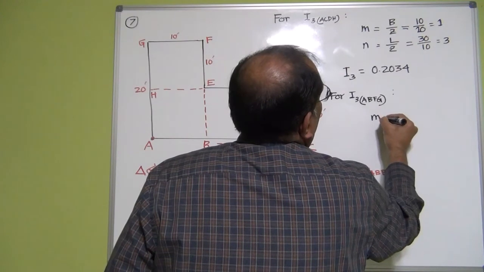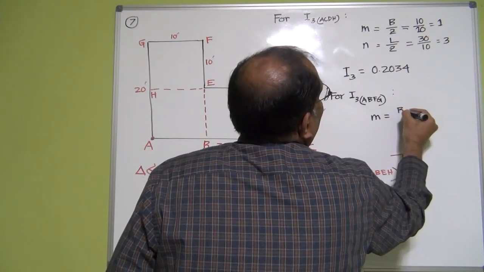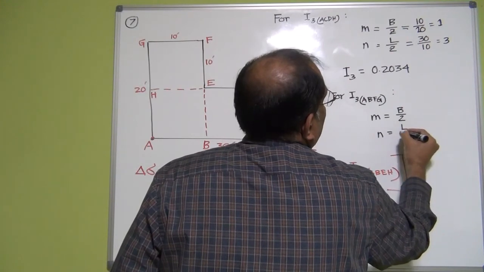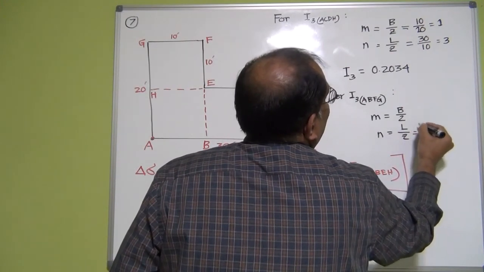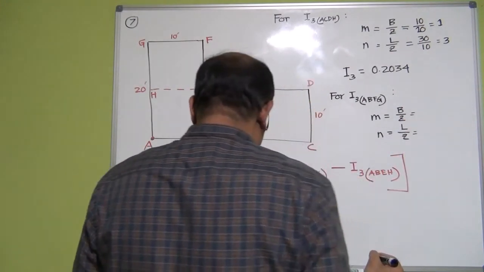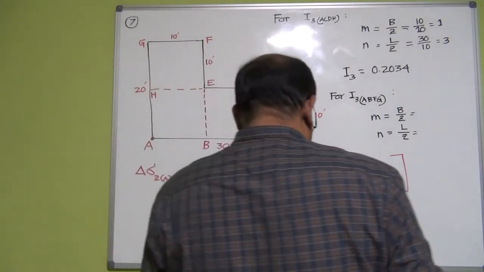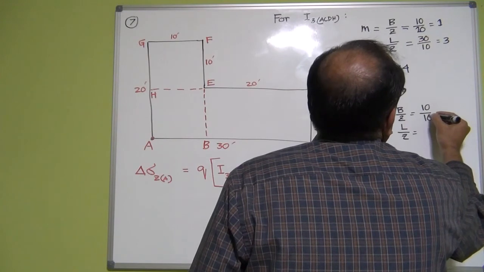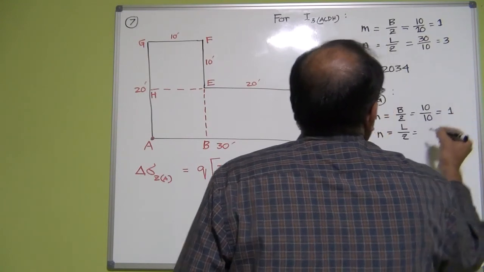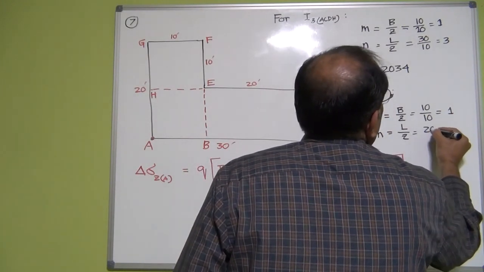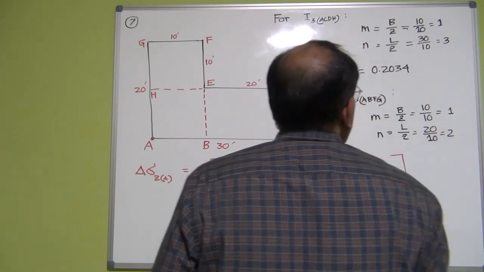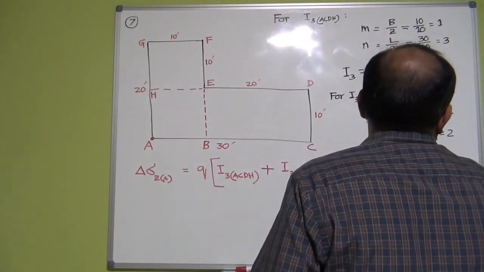Your M equals B by Z and N equals L by Z. So B by Z would be 10 by 10, which is 1, and L here is 20 by 10, which is 2.